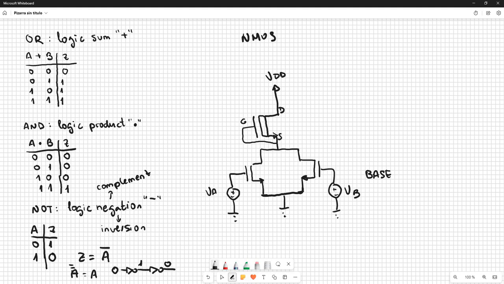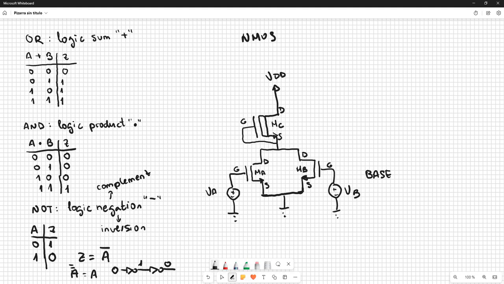So the value here is the same as the value here. Here we have the gate, here we have the drain, the source, gate, drain, and source. And we are going to call the transistors M_A, M_B, and M_C.